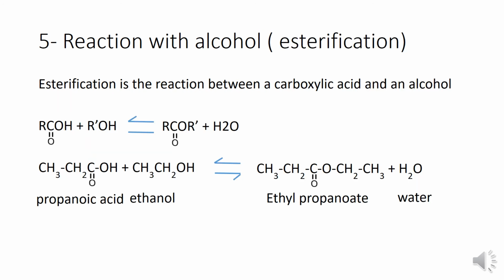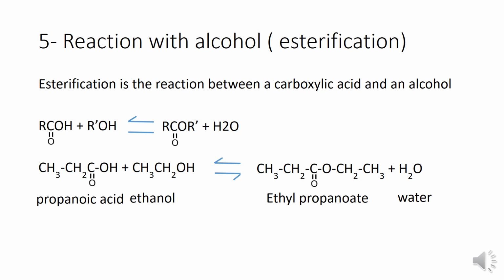Now the last reaction of carboxylic acid is with alcohol, which is esterification. Esterification, as you know, is the reaction between a carboxylic acid and an alcohol. It is a reversible reaction. Carboxylic acid plus alcohol will give ester plus water.